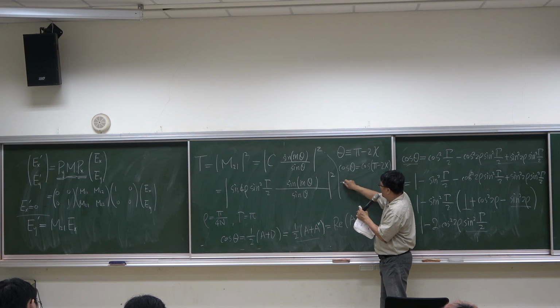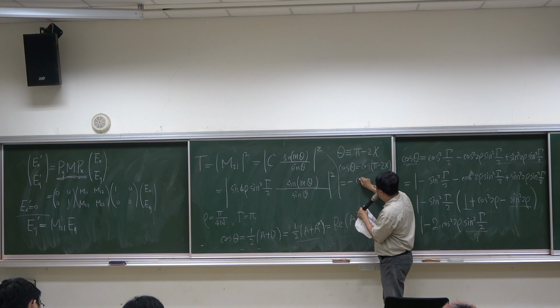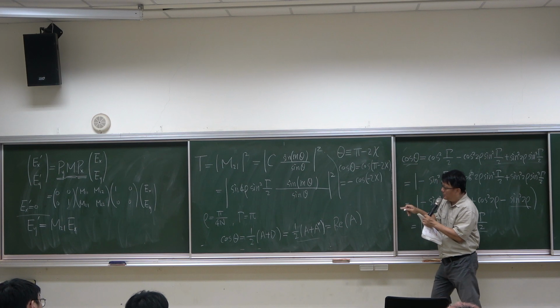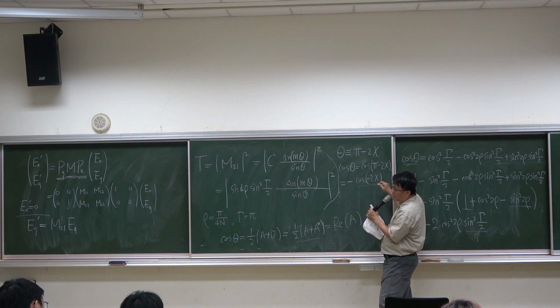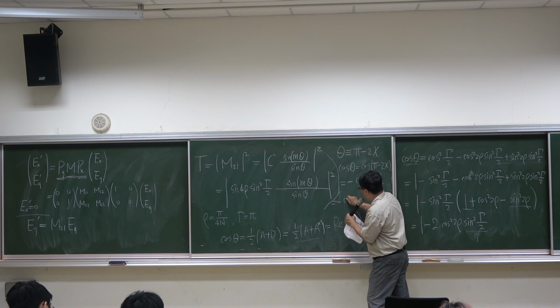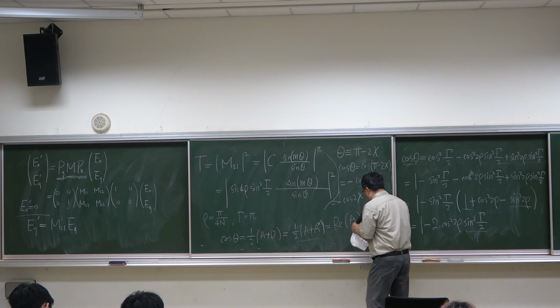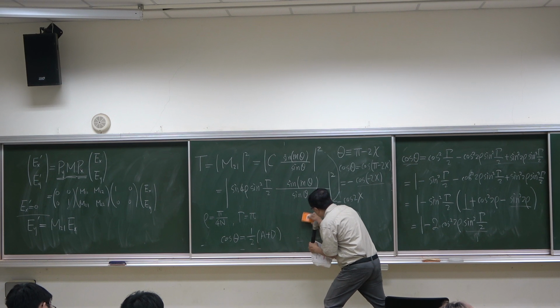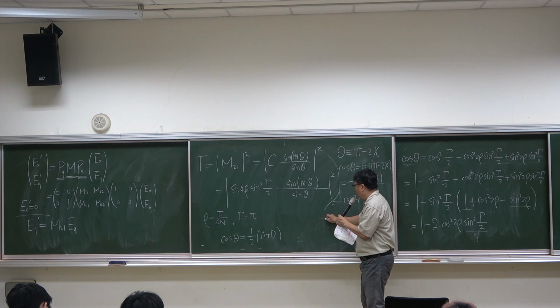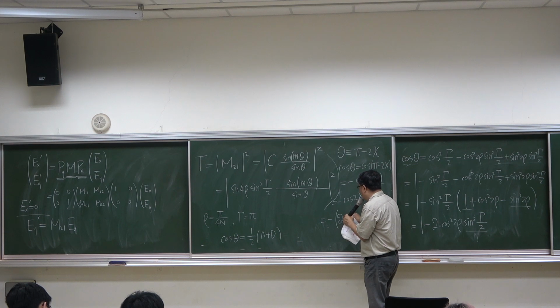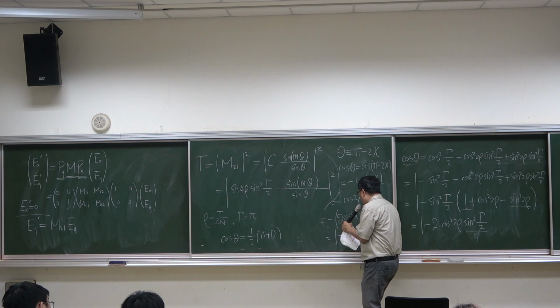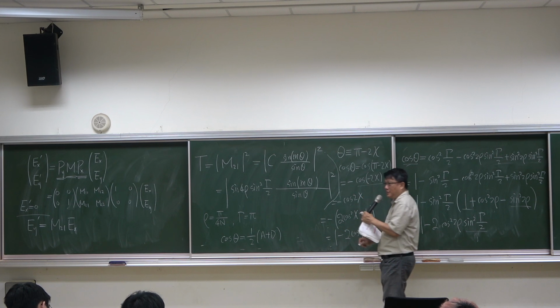Pi gives us a minus sign. Cosine of minus 2 chi, however, cosine is an even function, so this is just equal to cosine 2 chi. So minus cosine 2 chi. But cosine 2 chi is equal to 2 cosine squared chi minus 1. So this gives us 1 minus 2 cosine squared chi.